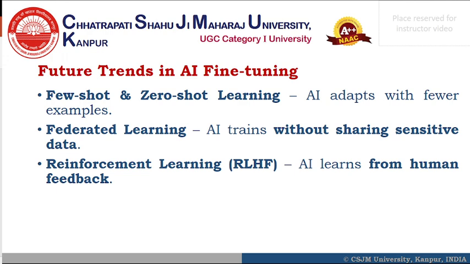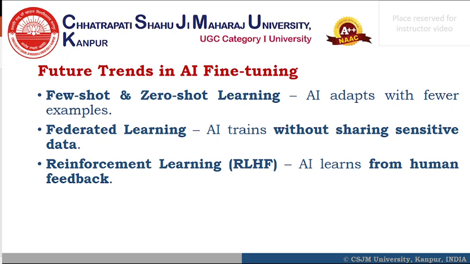AI models are increasingly fine-tuned using human feedback to ensure they provide more useful and ethical responses. This technique, known as reinforcement learning from human feedback, is already used in GPT-4 and other advanced AI models.